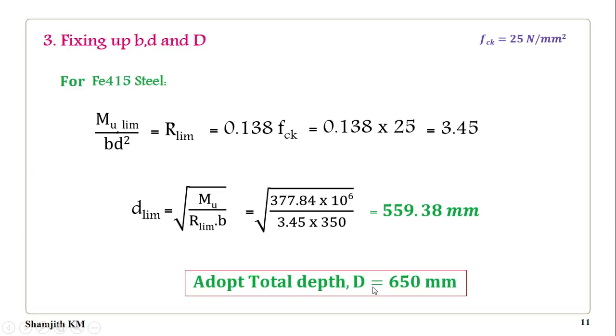So we will be taking the total depth as 650 mm, from which if we subtract the d dash, it will be around 600 mm. So it is larger than the required minimum effective depth, so we will be adopting the total depth as 650 mm.